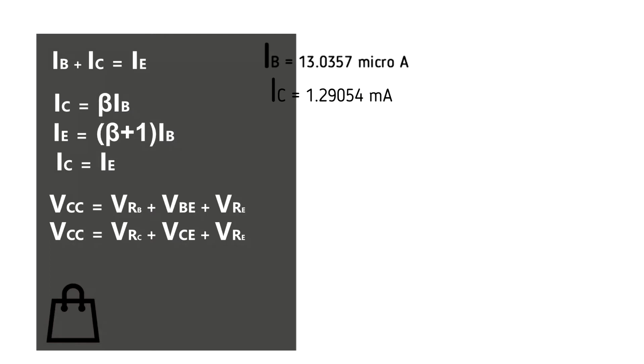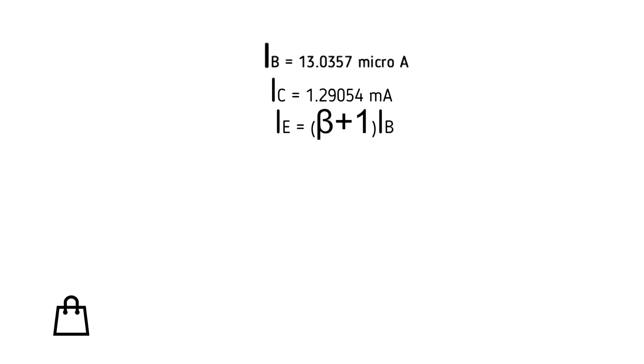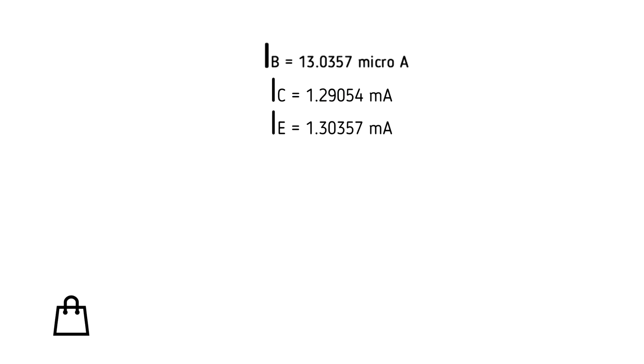We can use the first formula or the third formula. Let's just use the third formula. IE equals beta plus 1 IB. Just plug in the values and IE is equal to 1.30357 milliamps.